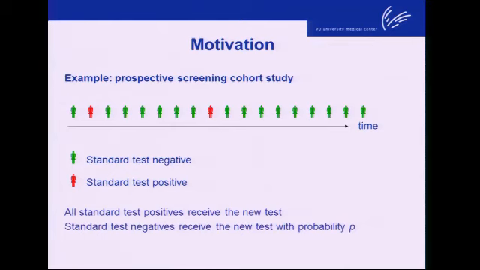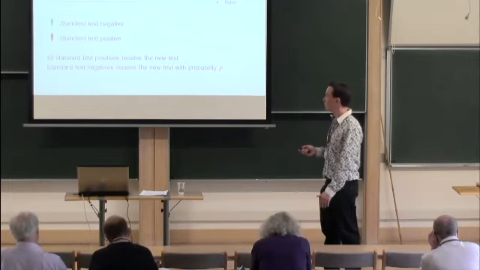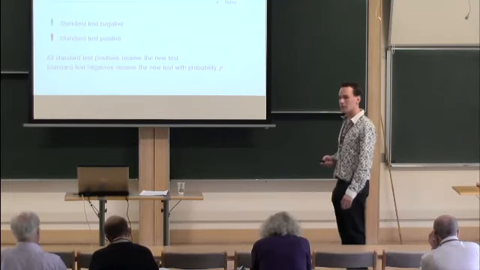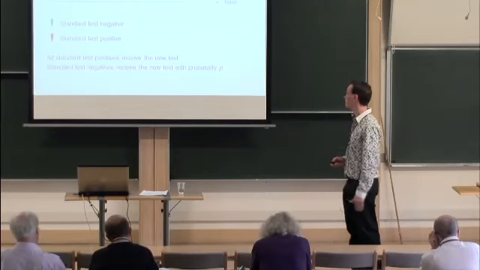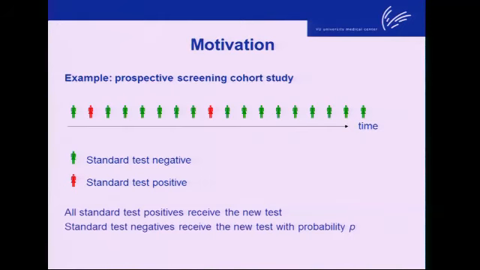For instance, all the standard test positives typically come back for a second meeting at the hospital, and then you can ask them if they're willing to participate for the new test, and you can select only a small subset of the negative subjects for getting your information on the new test.